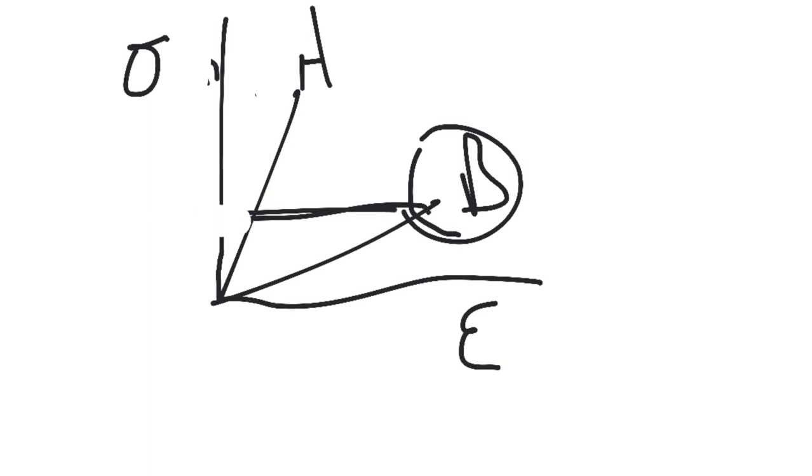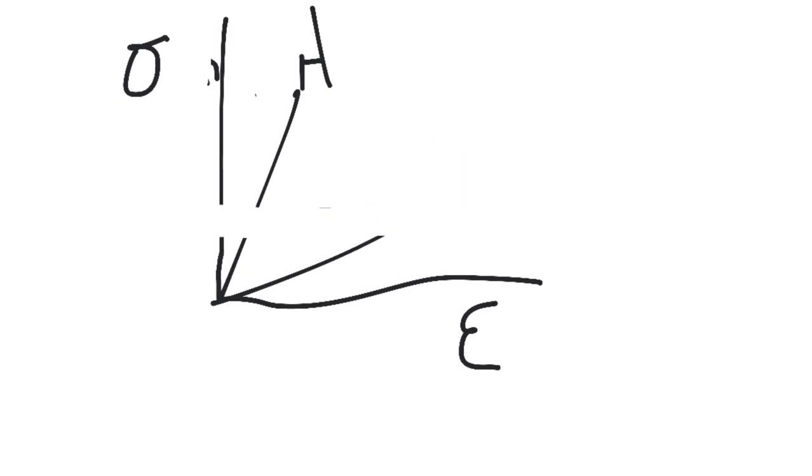Now if we look at the Young's modulus as an indicator of these, look very carefully at the lines we've drawn. You'll see that the gradient of this line and the gradient of this line are quite different. The value for B will be very low, but the value for A will be very high.